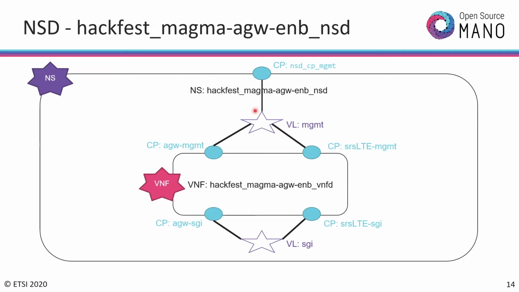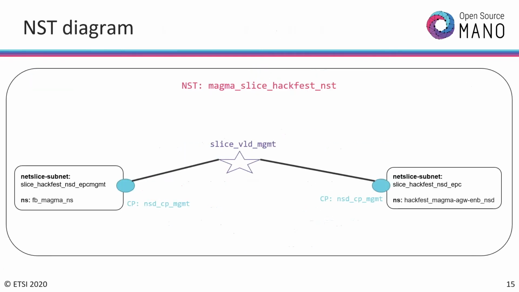But in the network service, the important thing is that it also has a connection point exposed from the network service to the network slice, in order to connect both and create the network service composition. So at the end, you have the connection point from network service one, the netslice subnet slice Hackfest NSD management, which is the orchestrator, and the NSD connection point management from the second network service, the netslice subnet slice Hackfest NSD EPC.